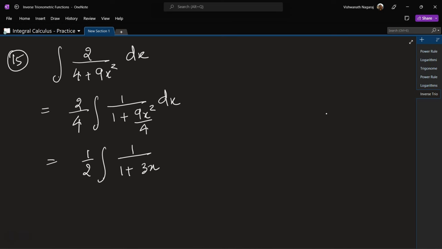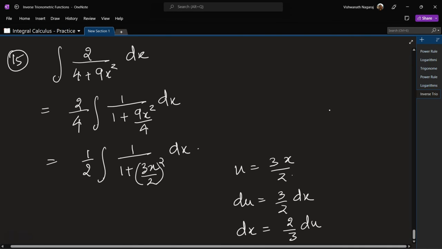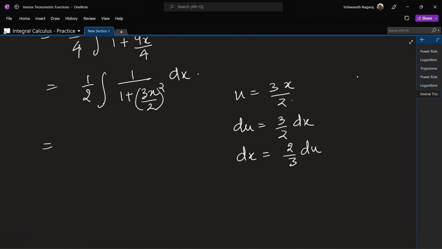So 3x by 2 square dx. Now substitutions. Let u be equal to 3x by 2. Du would be 3 by 2 dx. That means dx is equal to 2 by 3 du. And do we require x? X we don't require. So we can proceed.